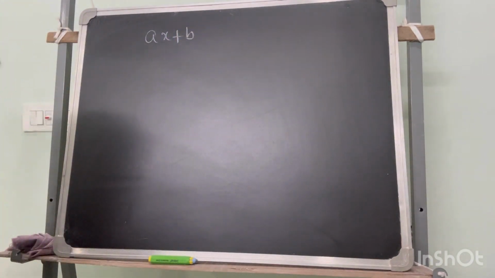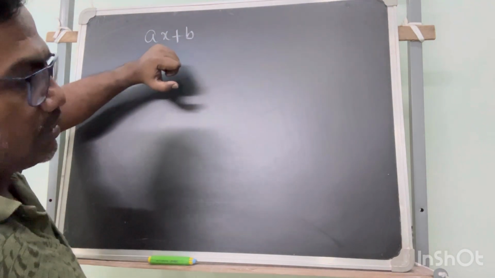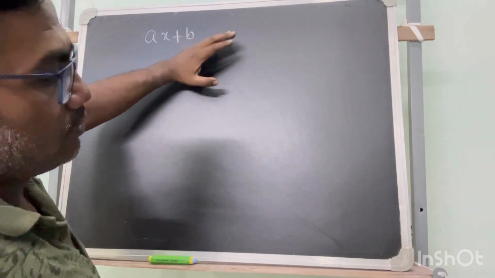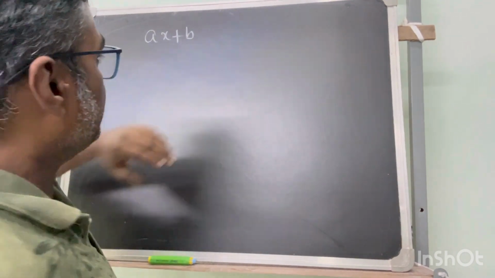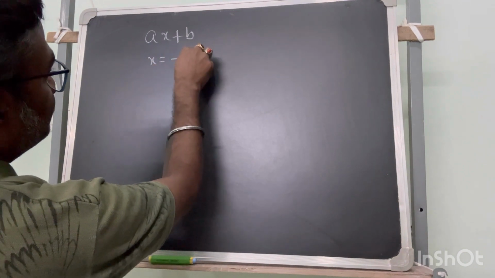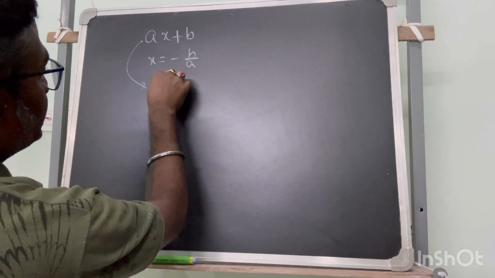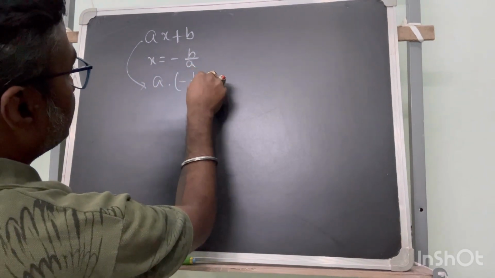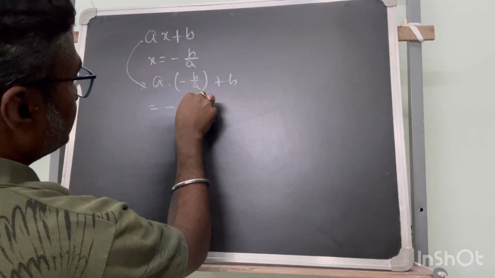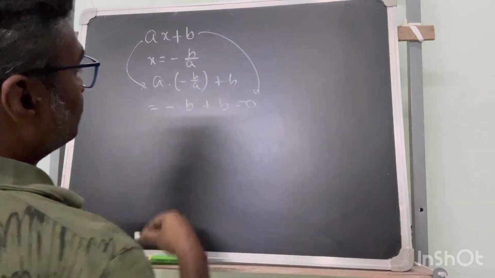It would be an equation only when, for some value of x, it becomes 0. If I put the x value as minus b by a, and put it here, a into minus b by a plus b, that is the only thing which will make this expression 0.